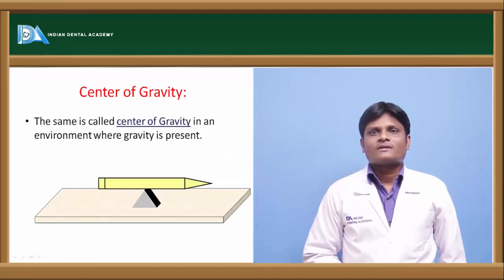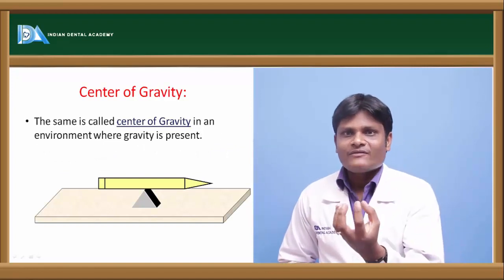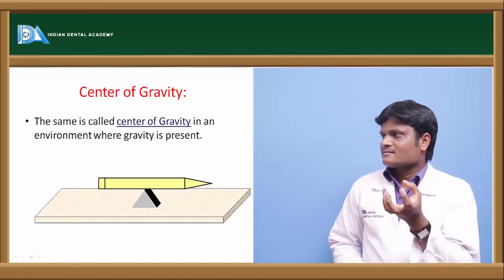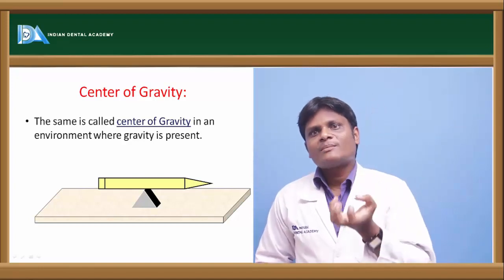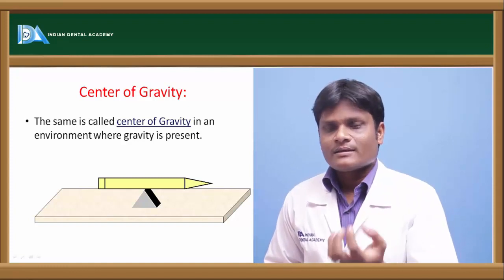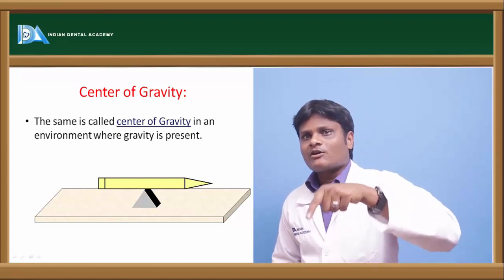What is center of gravity? Suppose we consider a free body under the influence of gravity. It has a point within its body where the ultimate gravitational force acts. That means the center of mass in a gravity environment is called the center of gravity.